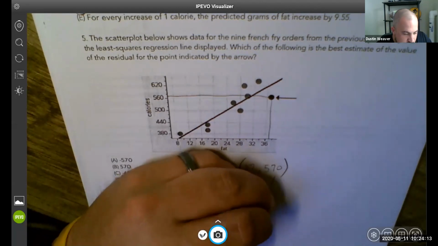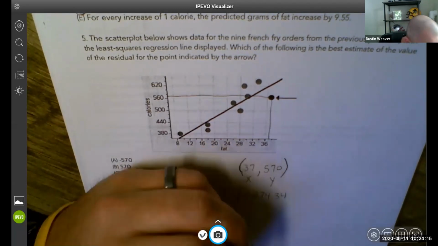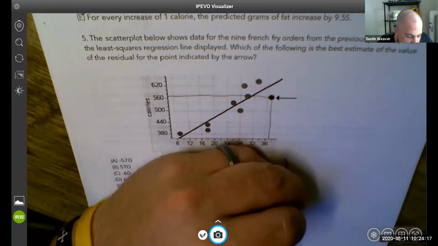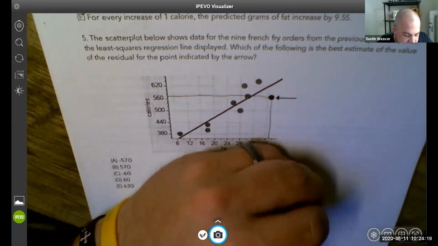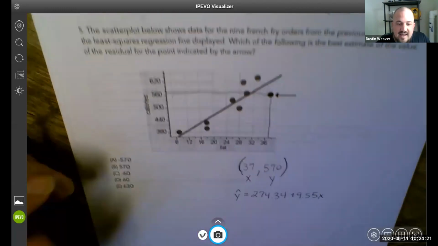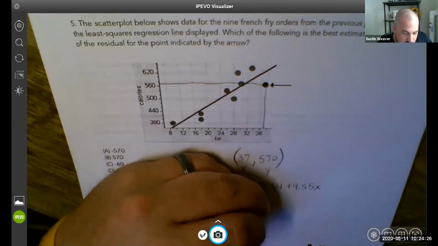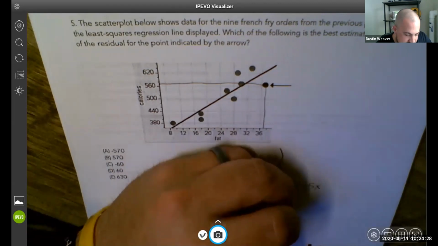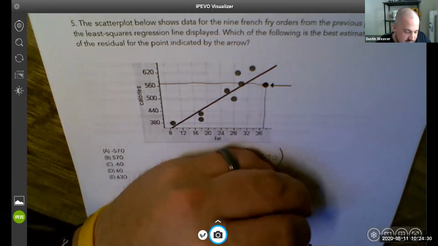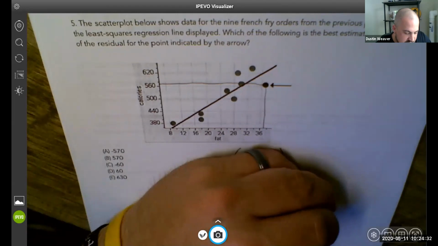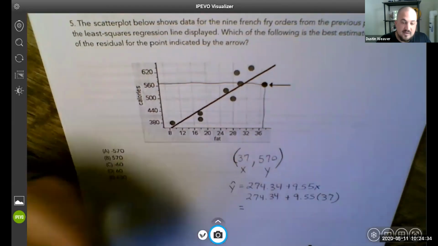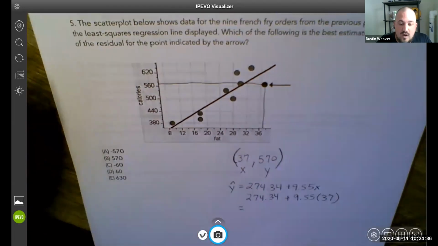So 274.34 plus 9.55x. Now, in this case, we're saying x is 37. So 274.34 plus 9.55 times 37. We want to see what that is. That will be our predicted y.